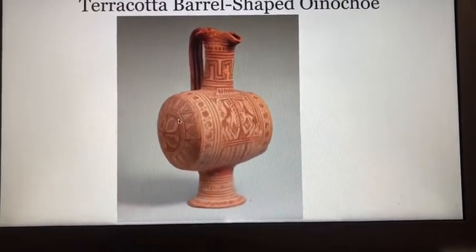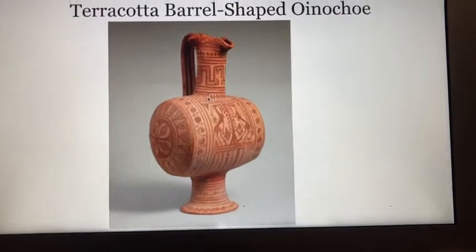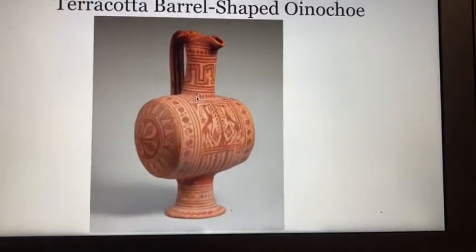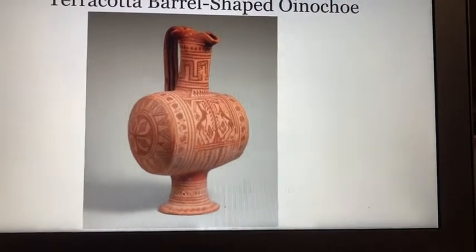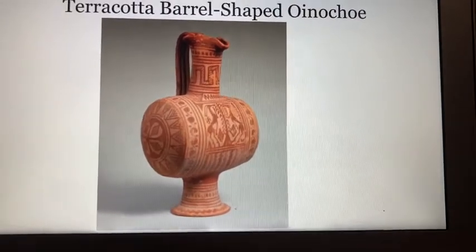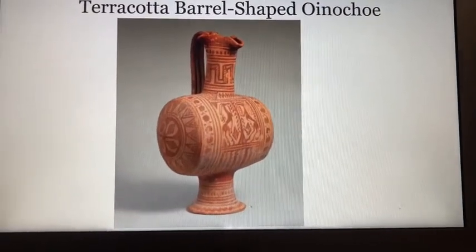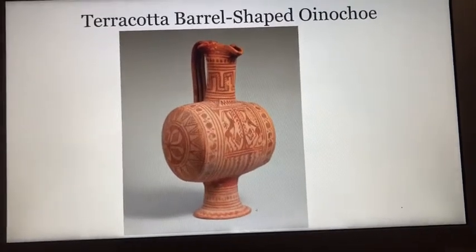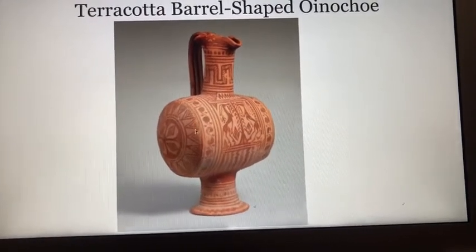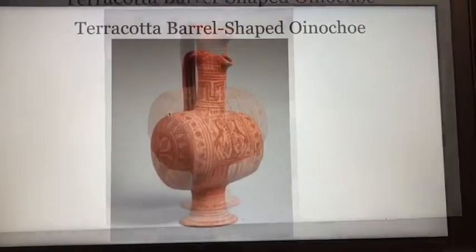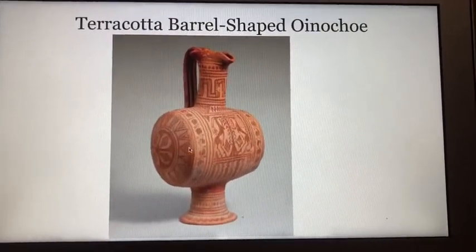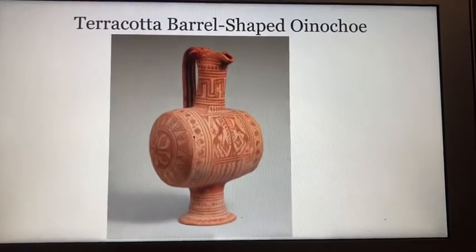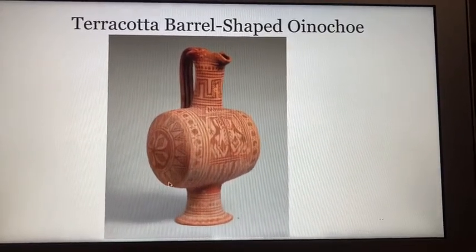A cylinder is different from a circle because a circle is flat, a two-dimensional shape, and a cylinder is a three-dimensional shape. You can tell these are cylinders because they have two parallel circular bases, which are these.